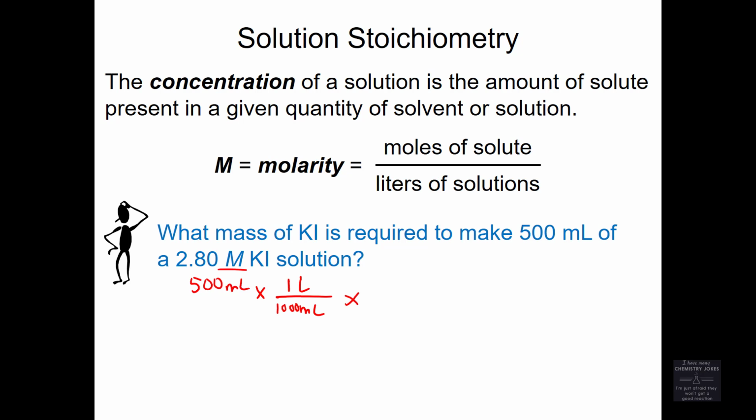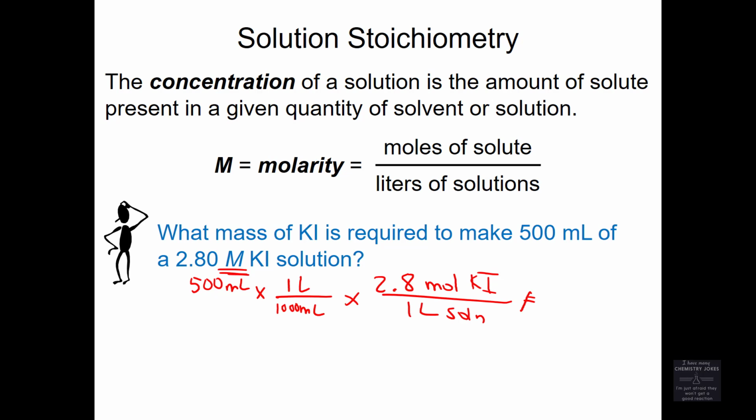And then molarity is a conversion factor that we will use often. Just like we've used density, 2.8 capital M really means 2.8 moles of KI for every 1 liter of solution. If we want 500 milliliters of solution, that's 2.8 molar KI. That's how we get that.